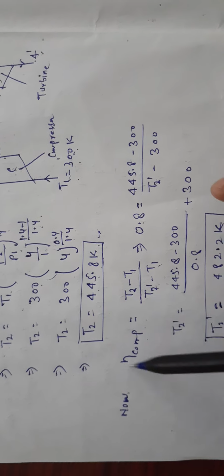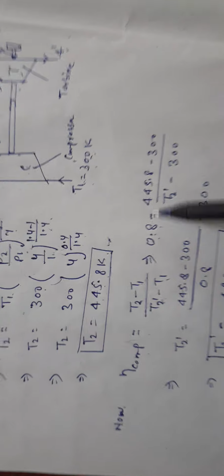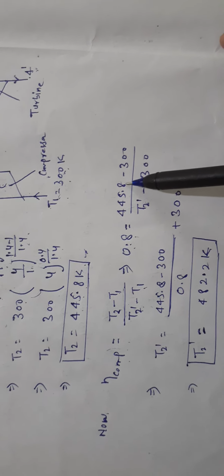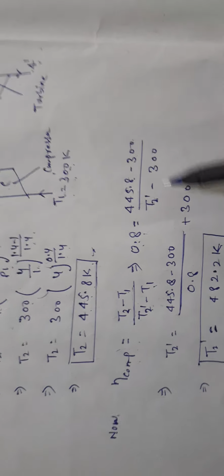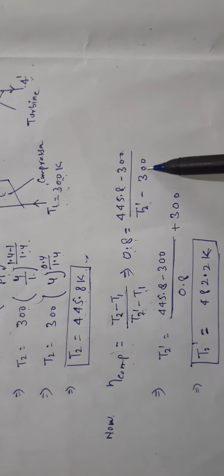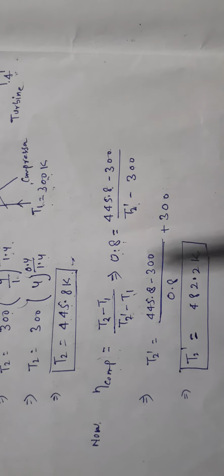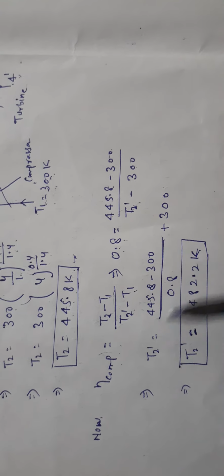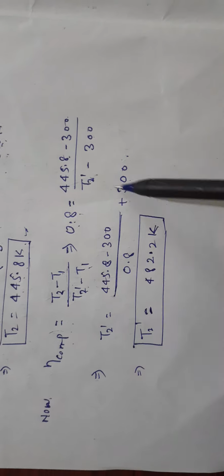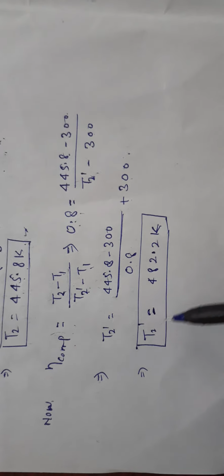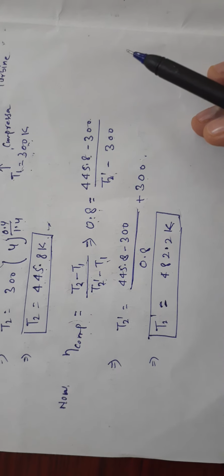The efficiency of the compressor is given as 0.8, T2 is 445.8 Kelvin, and T1 is 300. So T2 dash is equal to (445.8 minus 300) divided by 0.8, plus 300. After calculation, we get T2 dash as 482.2 Kelvin.